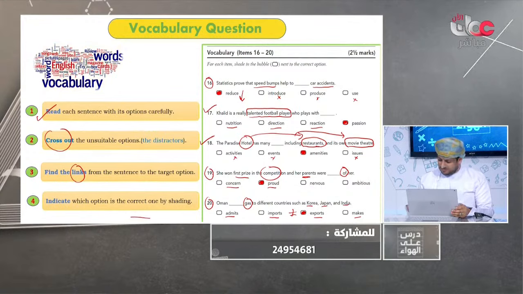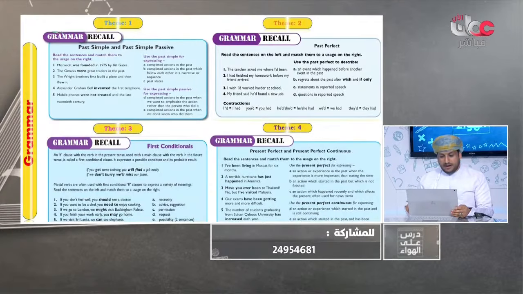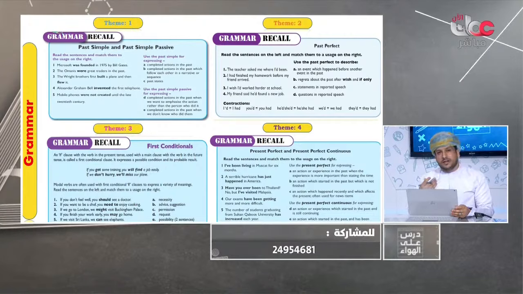So let's go to another question dealing with the grammar now. I have collected all the grammatical rules. You have 4 different grammatical points in your exam, and they are called grammar recall because you have already covered them in previous years in grade 11 and grade 10 and so on.